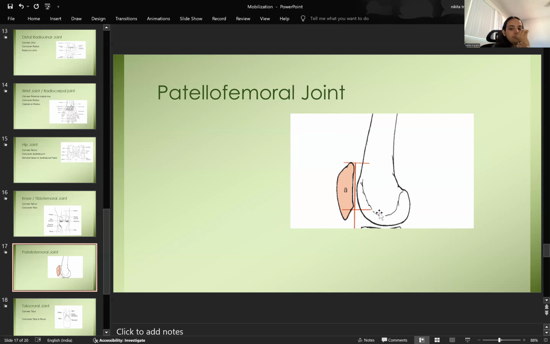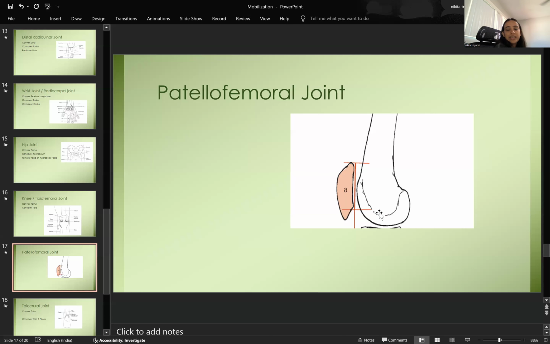Let's suppose this is my femur and this is my patella. The patella glides superior, inferior, medial, and lateral for the movement. Now there is one trick: maintain your leg in the neutral level in the high sitting position and do the extension with me.